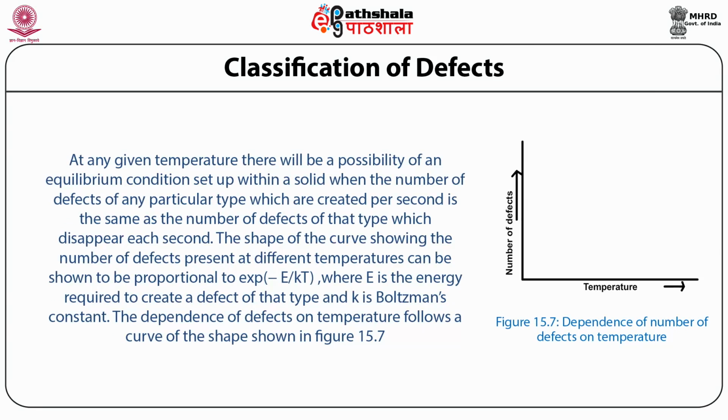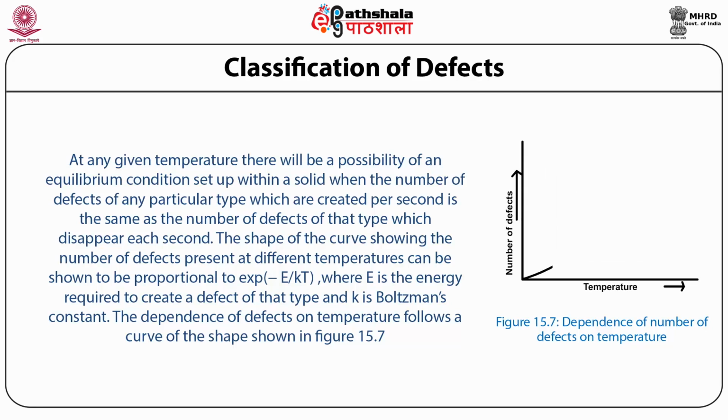At any given temperature, there will be a possibility of an equilibrium condition set up within a solid when the number of defects of any particular type which are created per second is the same as the number of defects of that type which disappear each second. The shape of the curve showing the number of defects present at different temperatures can be shown to be proportional to exponential of minus E by kT, where capital E is the energy required to create a defect of that type and k is Boltzmann's constant.